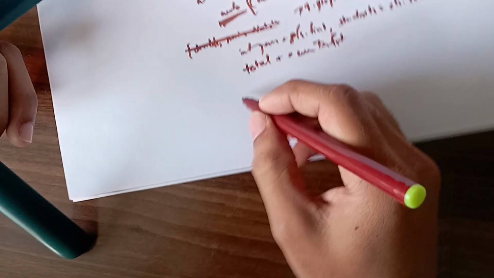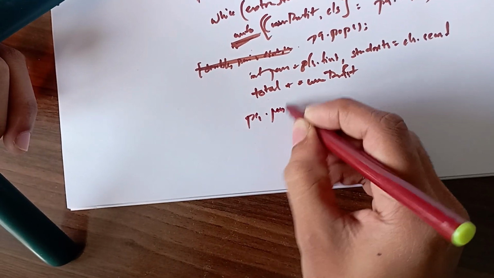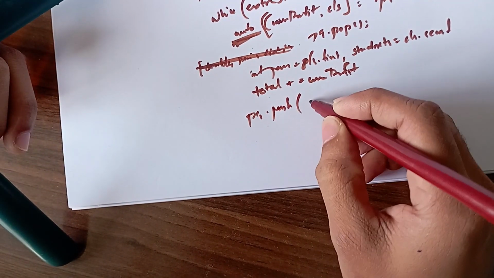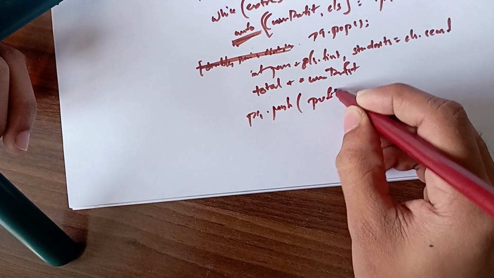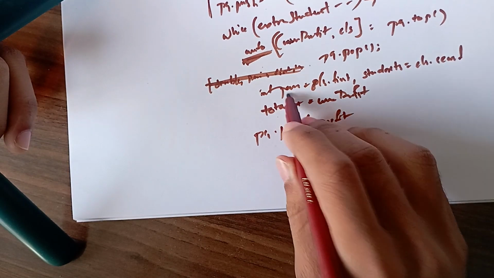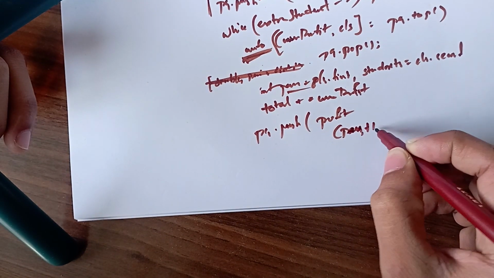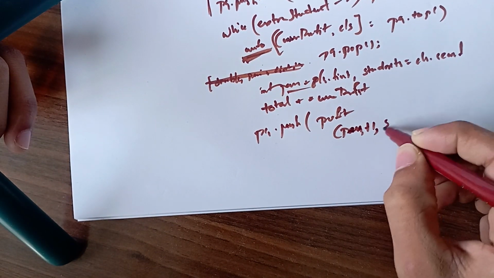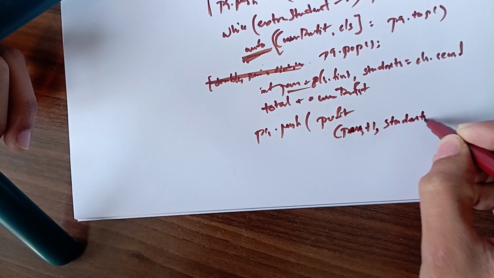So push back profit for p plus 1, where p is passing students plus 1 and total students plus 1.